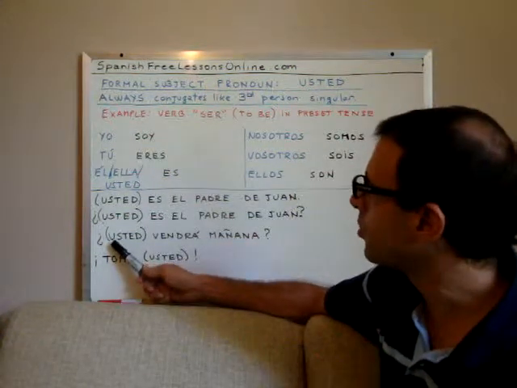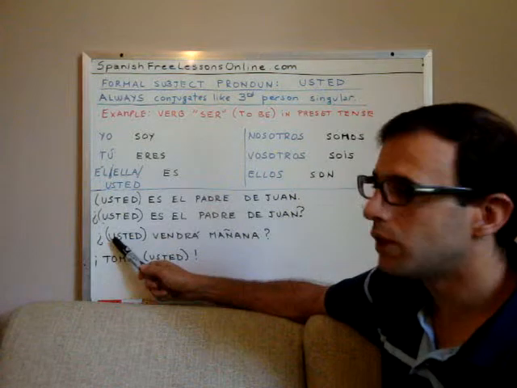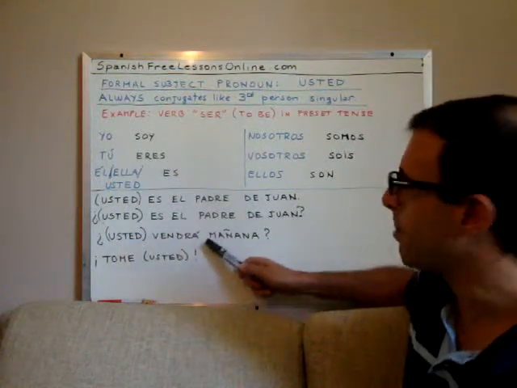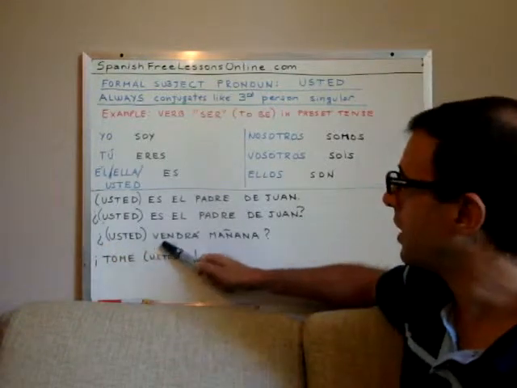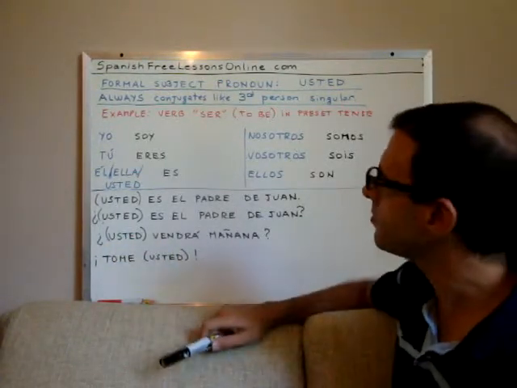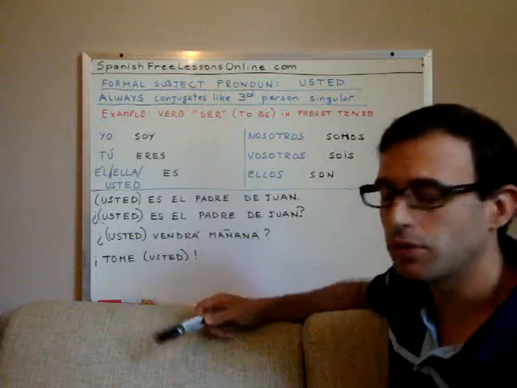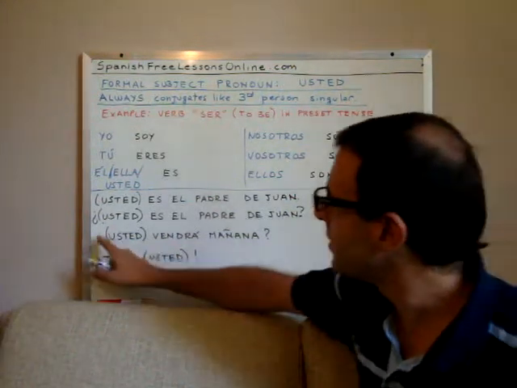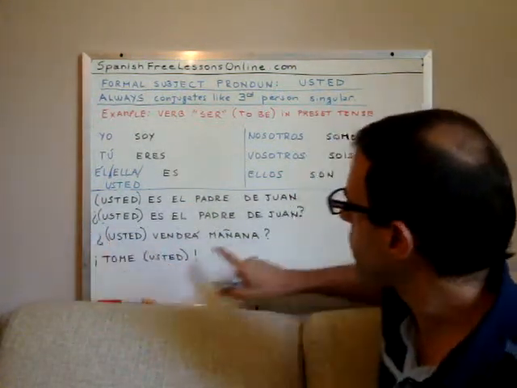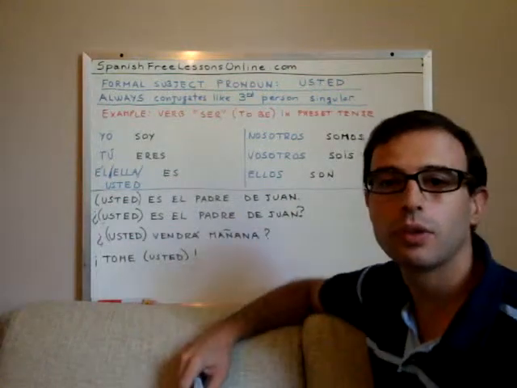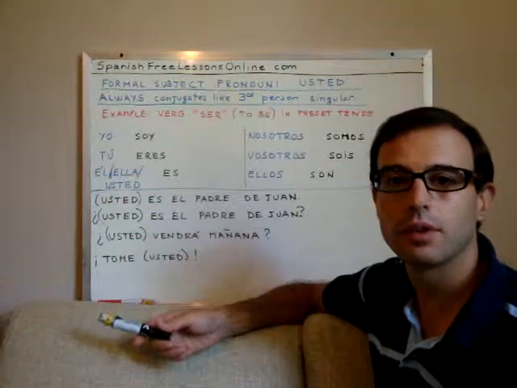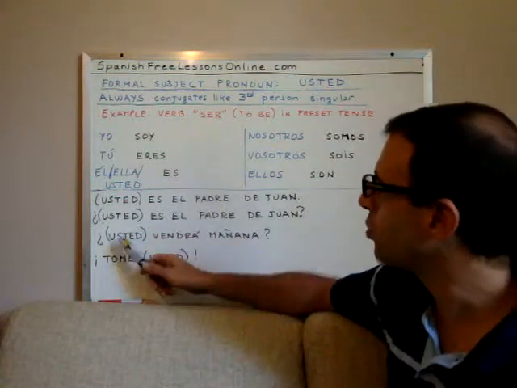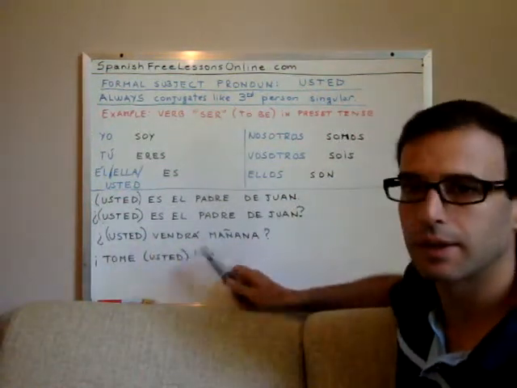Here, another question. ¿Usted vendrá mañana? This would be, will you come tomorrow? Of course, you can remove the question marks, and this will already be an affirmative sentence. Usted vendrá mañana, right?